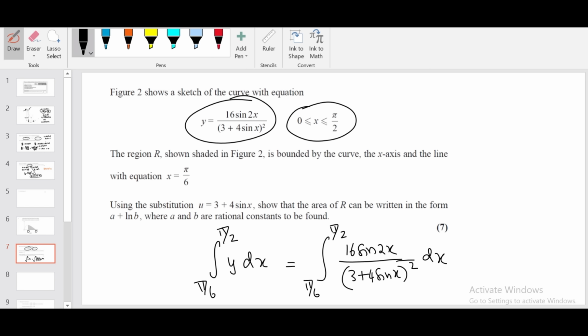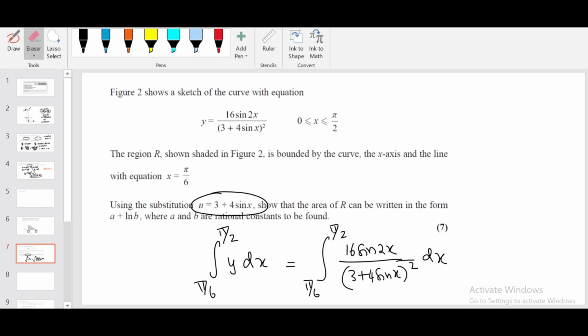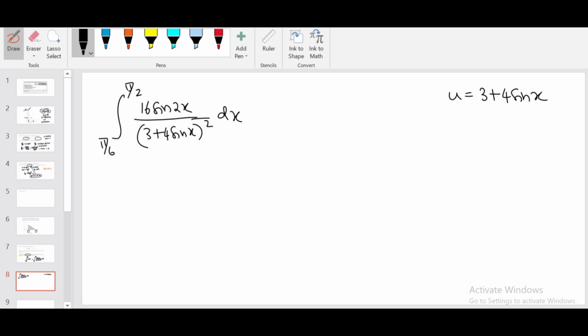In this integral, we need to replace 3 plus 4 sine x by u, use the u substitution method, and get the answer in this form. That's what we are going to do now. I'm going to slowly convert everything in terms of u first. The denominator is u squared. On top we have 16 sine 2x.